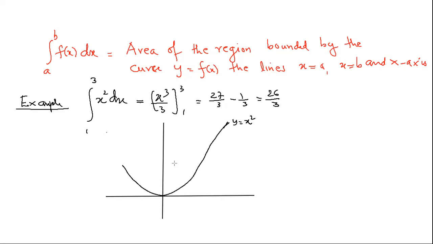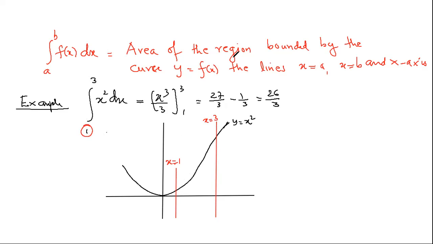Then you will draw the line x equal to 1. Let me draw with another color. Then draw the line x equal to 3. The lower limit is 1, so x equal to 1. Upper limit is 3, so x equal to 3.